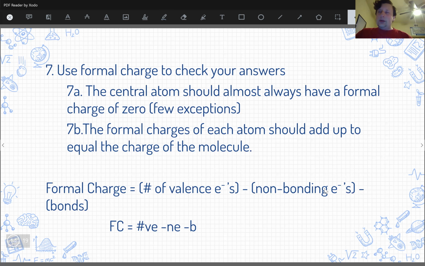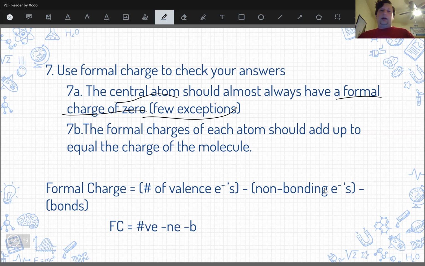The way that we use these to check our answers is we want to make sure that it doesn't violate 2 common rules. Not all of them follow this. There are a couple exceptions, but for the most part, these always stand true. The central atom, first off, should always have a formal charge of 0.